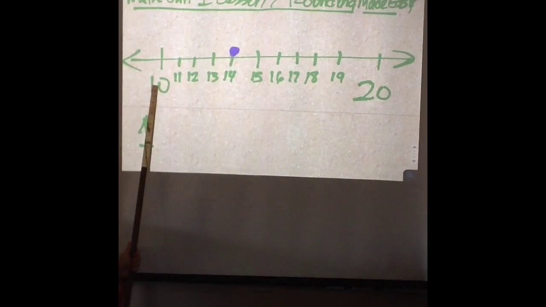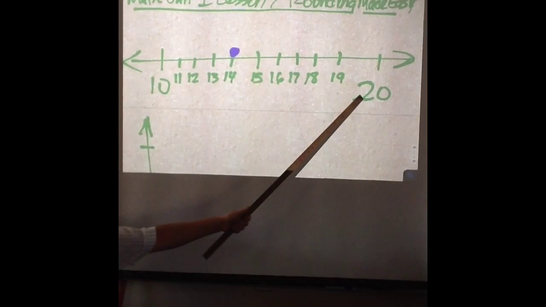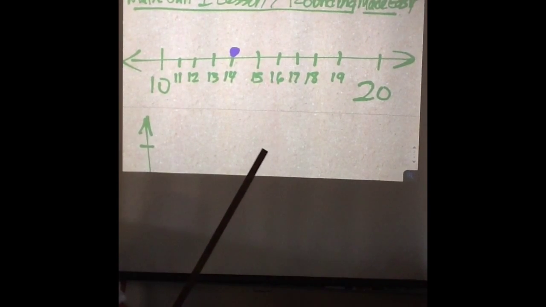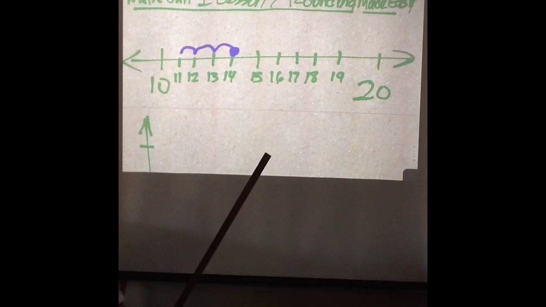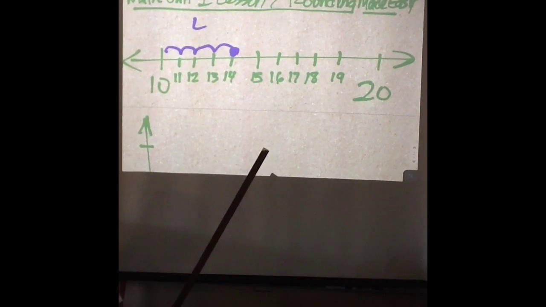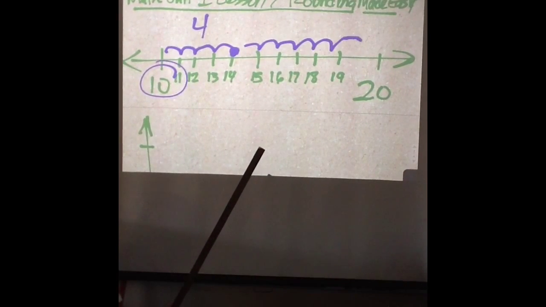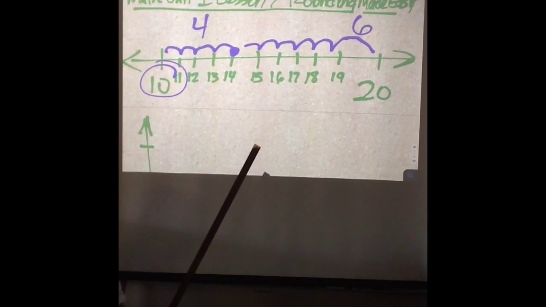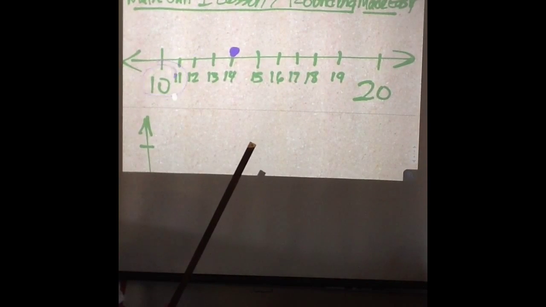Is it closer to 10 or is it closer to 20? 10. Why? Because it's only 1, 2, 3, 4 spaces this way to get to the 10, right? And it's 1, 2, 3, 4, 5, 6 places to the 20, so it's closer to the 10. So we're rounding to the 10, right? Does that make sense? Yes.